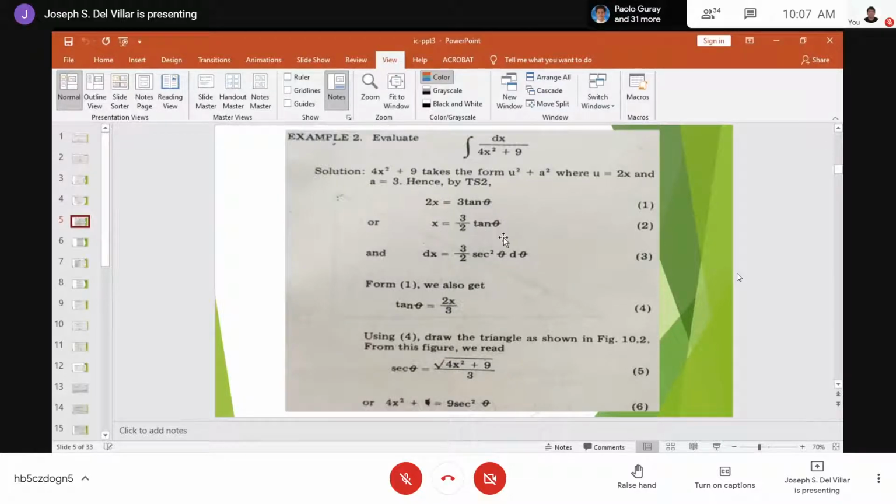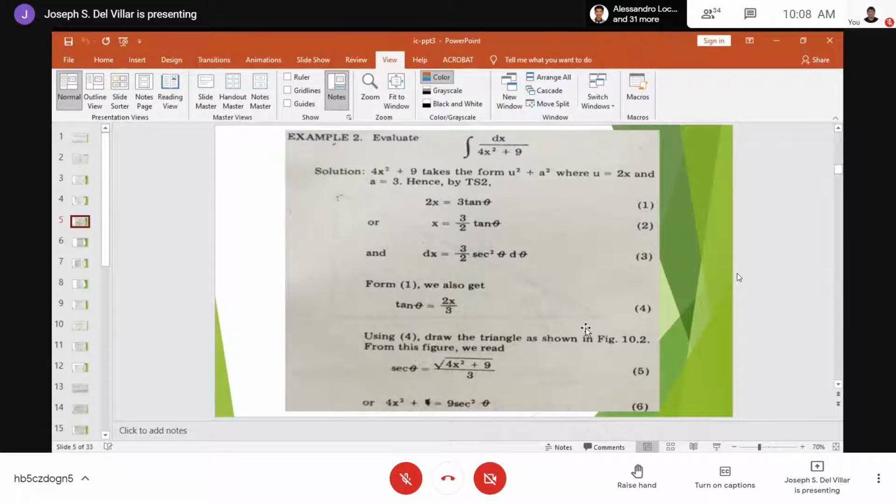Okay? And then, pag meron na tayong x, stand alone na yung x, then that's the time to get the differential of both sides. So, differential of x is dx. What is differential ng tangent? Secant squared, di ba? So, 3 halves secant squared theta d theta.